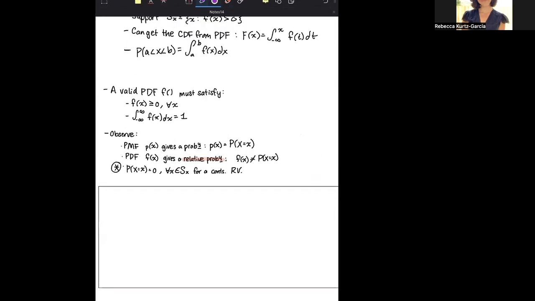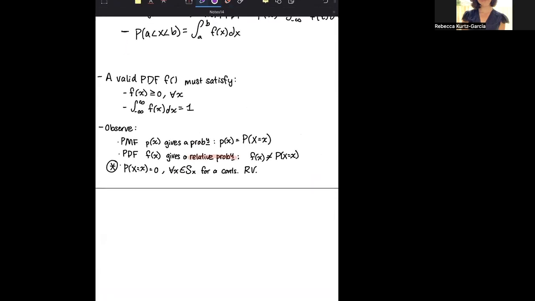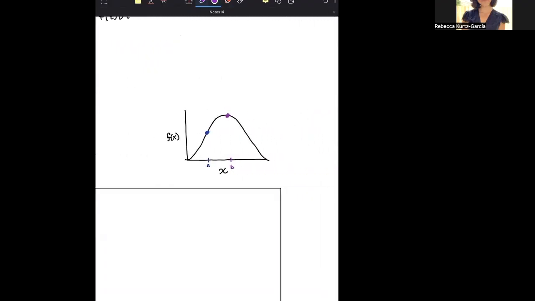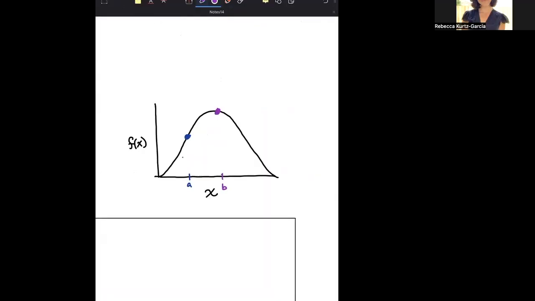The other thing is that the probability that X is equal to one particular, very specific value is 0 for all values in the support for a continuous random variable. You could think about that as taking an integral from a minus epsilon to a plus epsilon, and making epsilon super tiny.